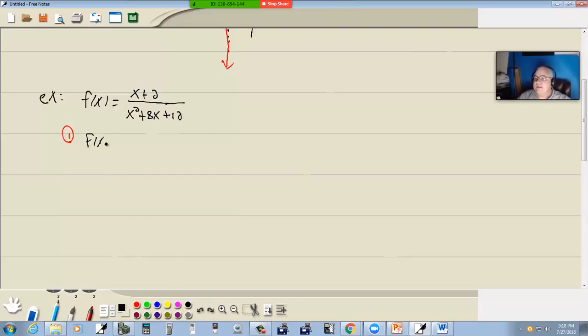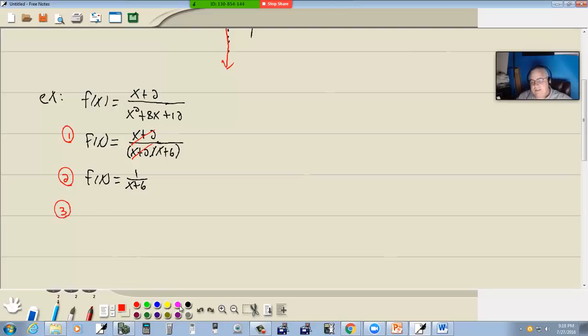So we've got f of x is equal to x plus 2 over x plus 2 times x plus 6. Step 2, cancel. These x plus 2's cancel. So that gives us 1 over x plus 6.